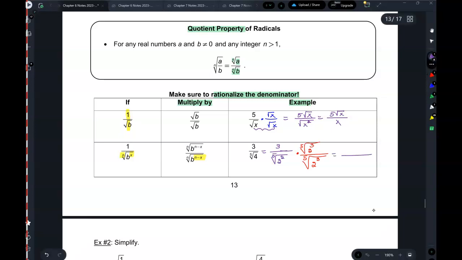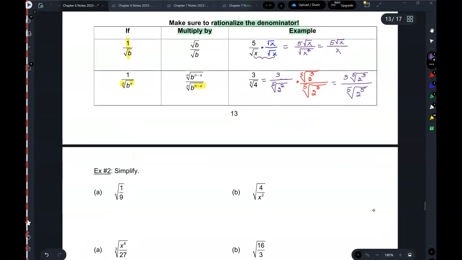So now what do I have? I have 3 times the 5th root of 2 cubed. On the bottom, I have the 5th root of 2 to the 5 if I combine them all. Now, this is going to be 3 times the 5th root of 2 cubed. In here, I have 5 2's in a 5th root.